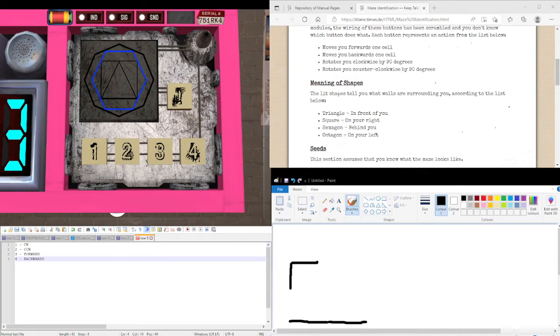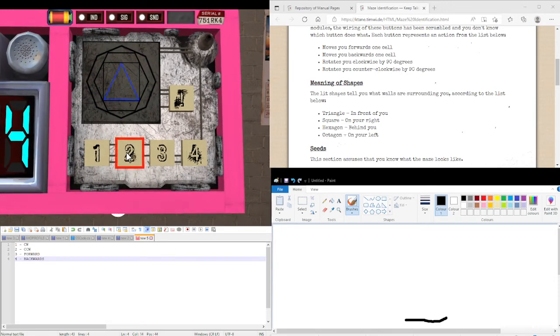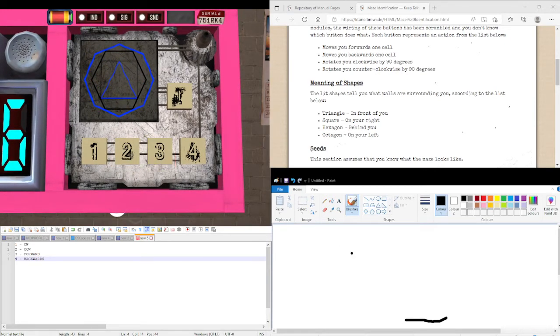So let's start from here. We have a wall behind us, moving forwards gives us a wall on our left and in front of us.